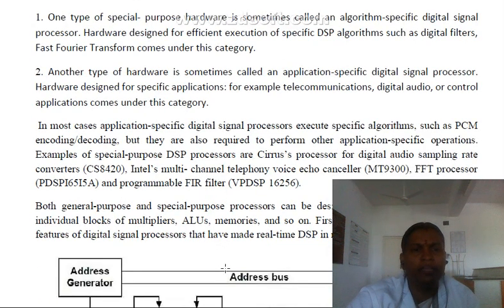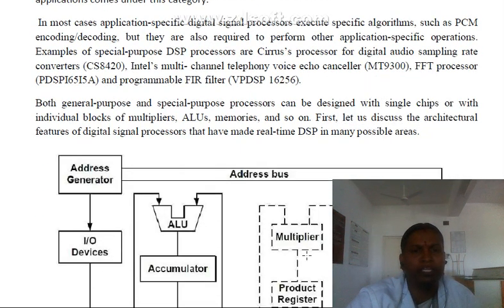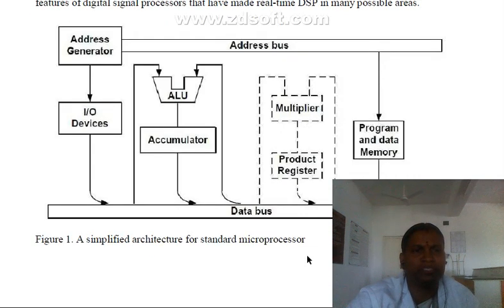General and special purpose processors can be designed as a single chip with individual blocks of multiplier, ALU and so on. First we discuss the architectural features of digital signal processors that have made real-time DSP possible in many applications.